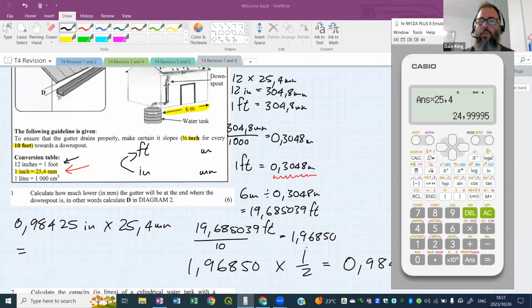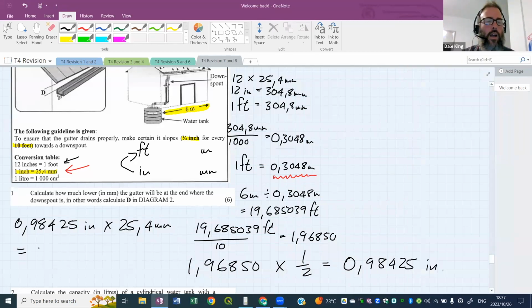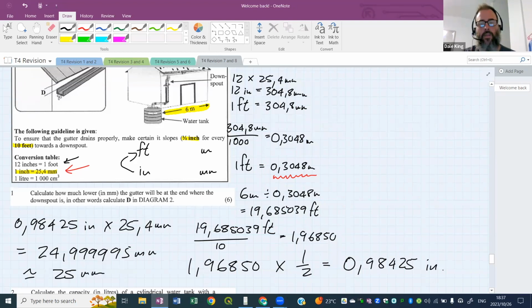It's almost 1. 24.9999999 millimeters, which is roughly 25 millimeters. Sure. Ladies and gents, that was interesting.